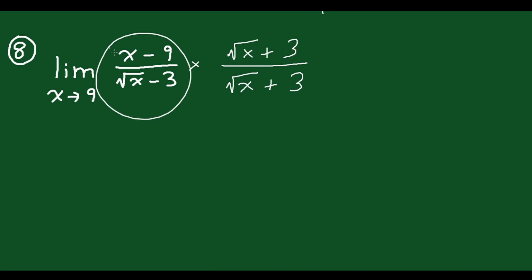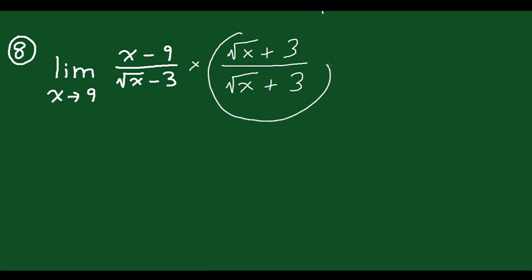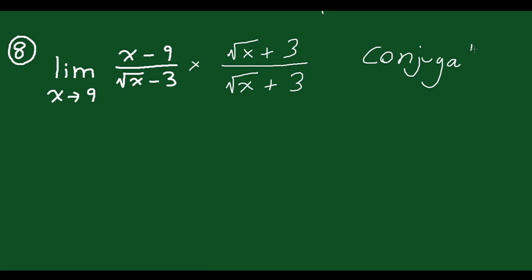We can't actually change this equation, but we are allowed to multiply it by 1. The reason you want to use the conjugate here is because once I multiply these things together, the plus and the minus are going to cause some canceling to happen, and this is actually going to clean up very nicely for us. And again, this is referred to as the conjugate.